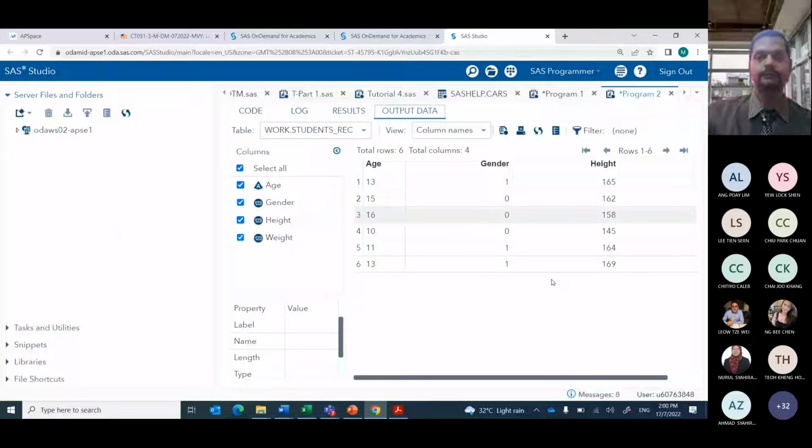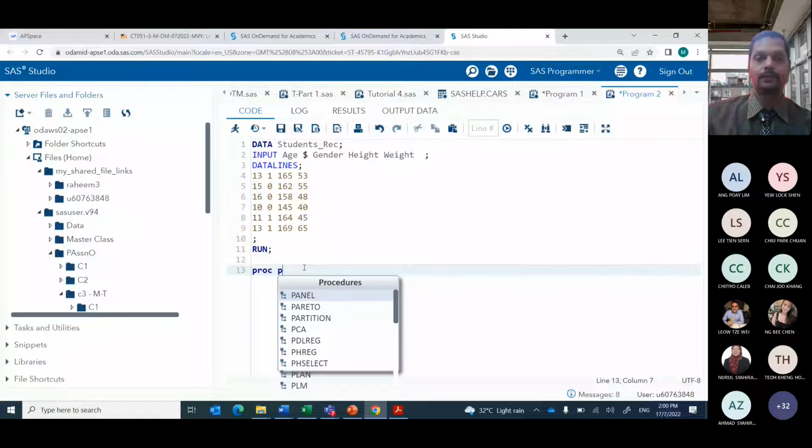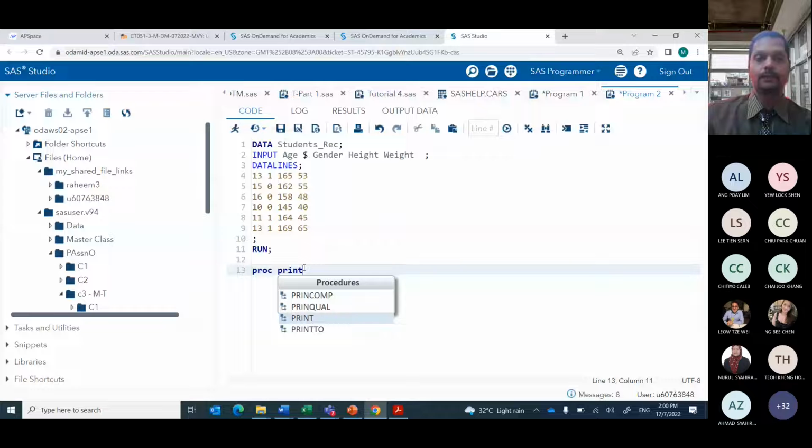Executing fine. So now we have the data set. Print data equal to student. Run.